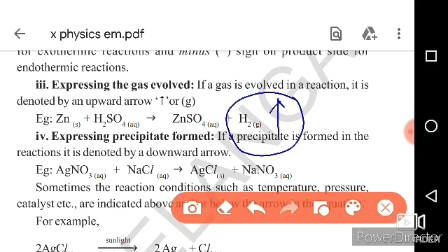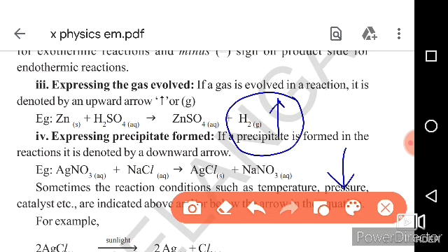Next, fourth one, expressing precipitate. If in any reaction a precipitate is formed, that is denoted by a downward arrow, like this. For example, expressing precipitate formed, in this equation given, silver nitrate solution reacts with sodium chloride, common salt.